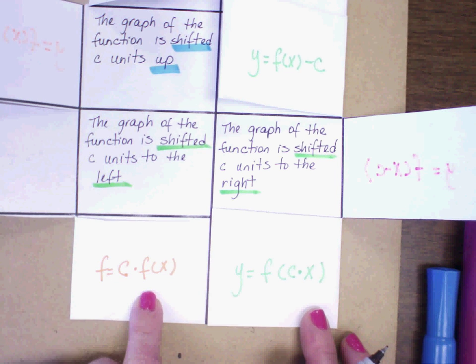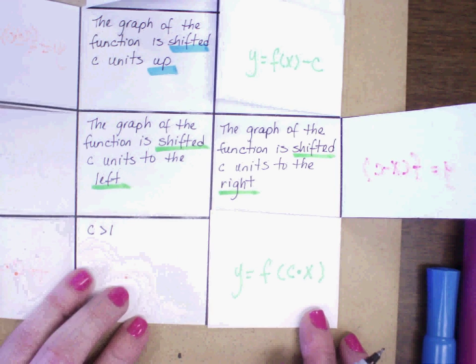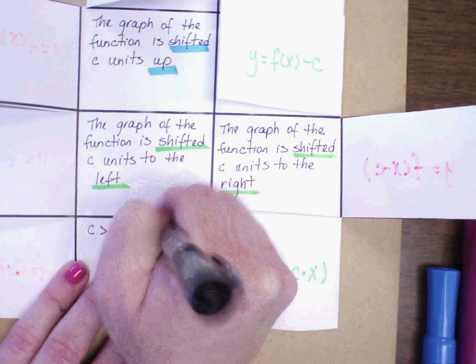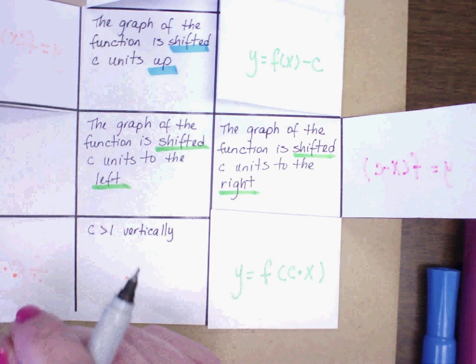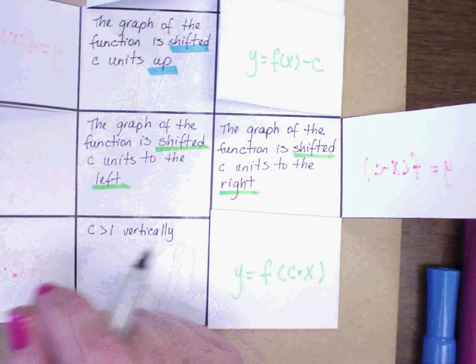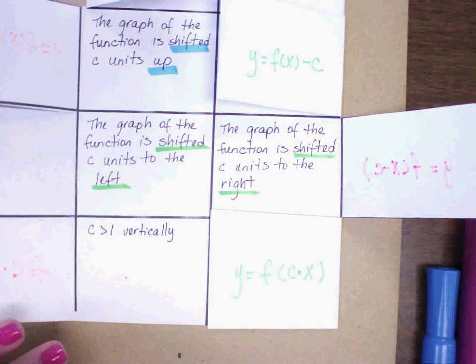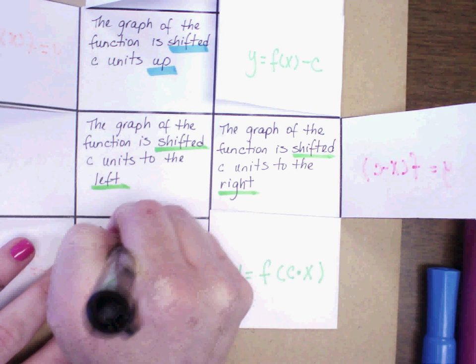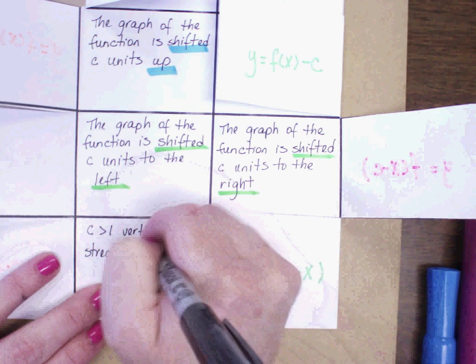All right, for this one, if C is bigger than 1, and this is more for quadratics, C is bigger than 1, so that means 2, 3, 4, 5, 6. 1.1 is bigger than 1. It vertically stretches the graph.